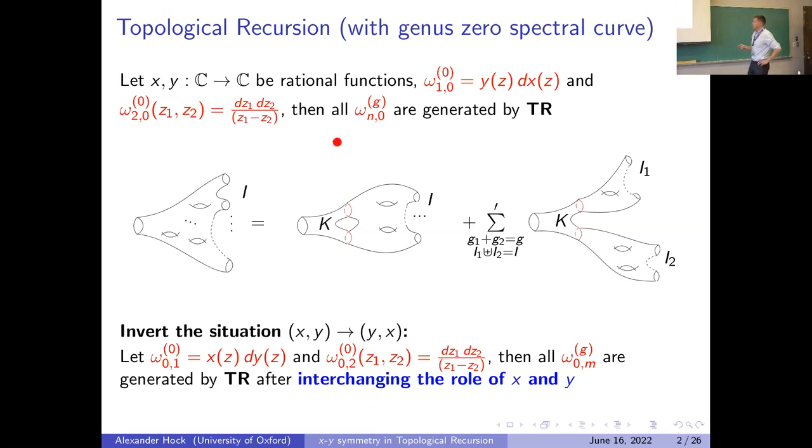So the same formula where you build the kernel by this omega 0, 0, 1 and this omega 0, 0, 2, which is the same as here in the uppercase. And you take this formula of topological recursion with the residues at y prime of z equal to 0. So at this ramification point of y, where this is fulfilled.